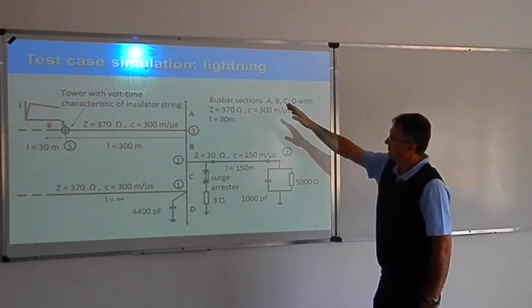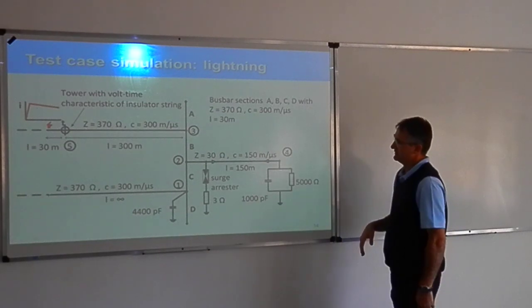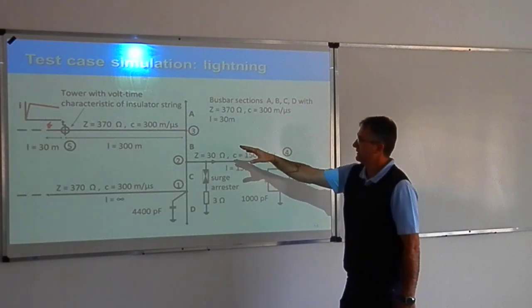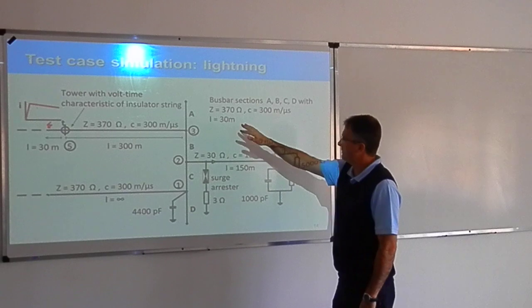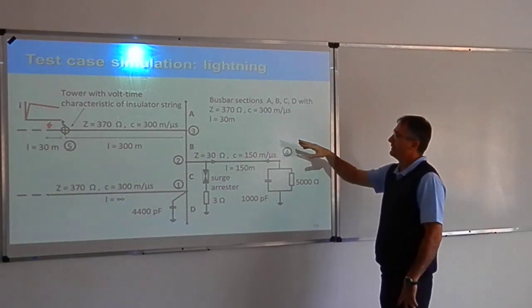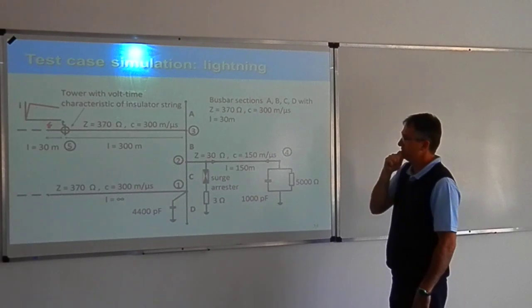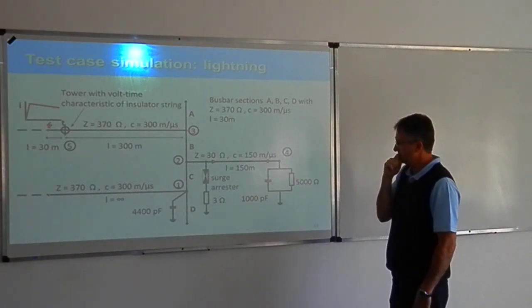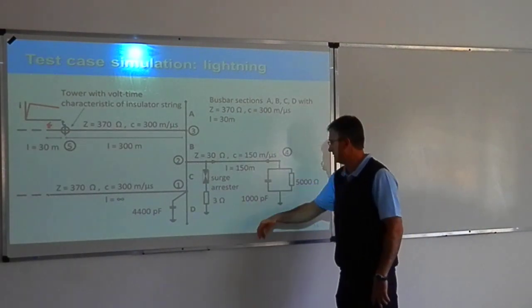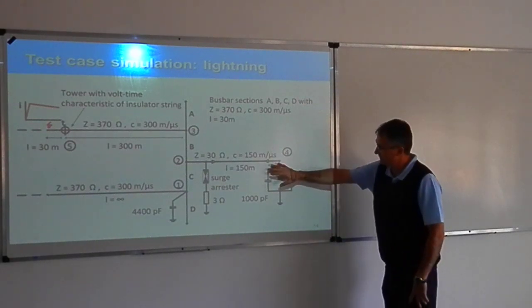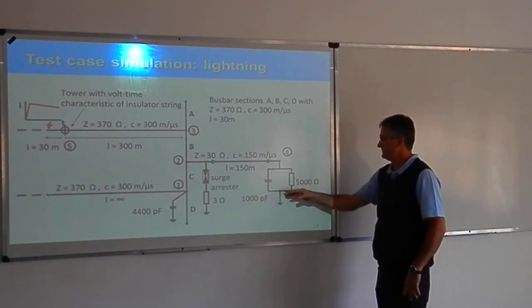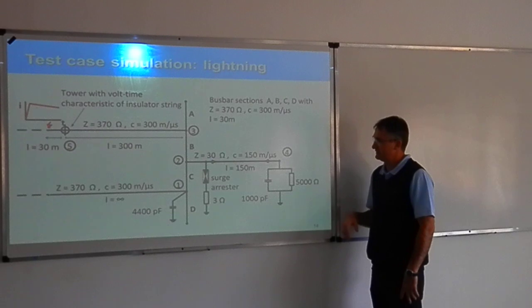In this case, we have a lightning phenomenon in a substation, with many bus bars represented as transmission lines. And we also have a surge arrester here, and the transformer is represented here by a capacitance in parallel with a resistance.